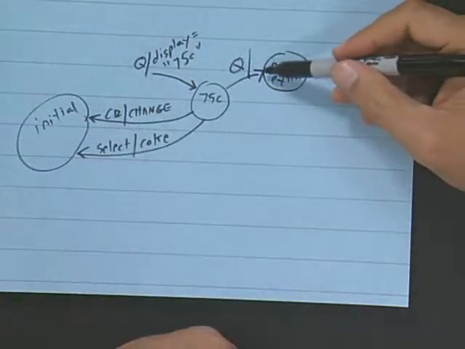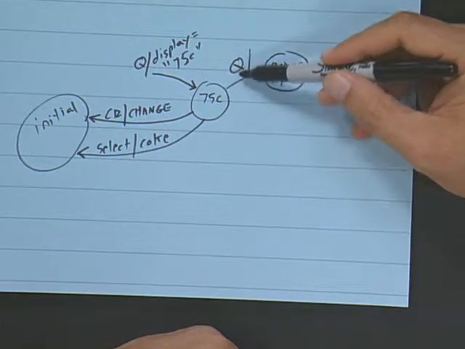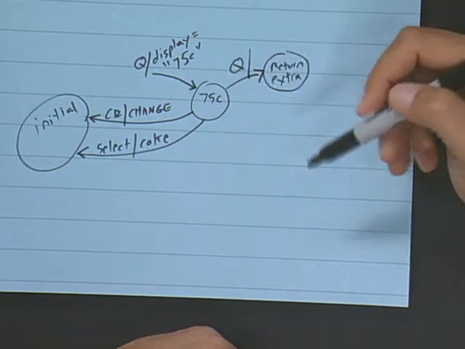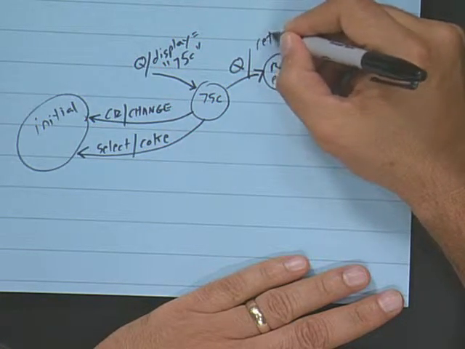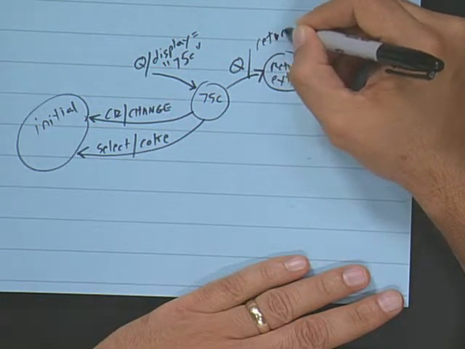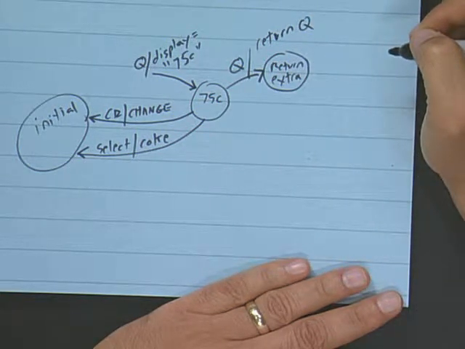So I can't say change or they're going to get all their money back. This would be like if I entered $1, I get all 4 quarters back. I would have to almost invent something new. Like I have to invent another output called return quarter, right?